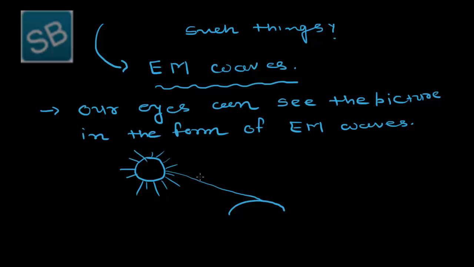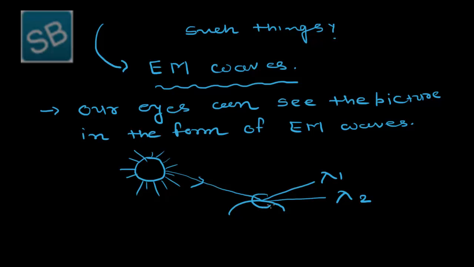So these are the visible radiations which are coming towards the earth, and the animals, birds, fruits, flowers or any kind of things reflect electromagnetic waves in different wavelengths corresponding to their colors.